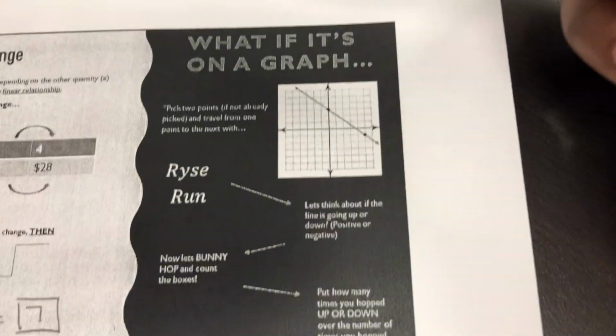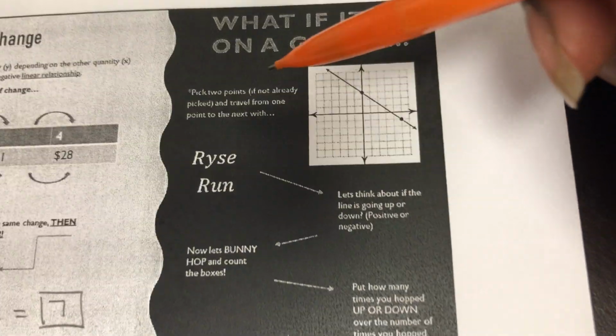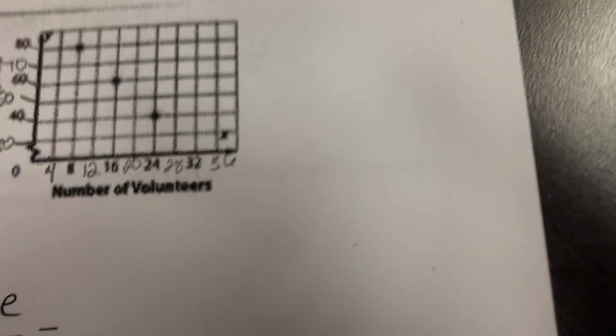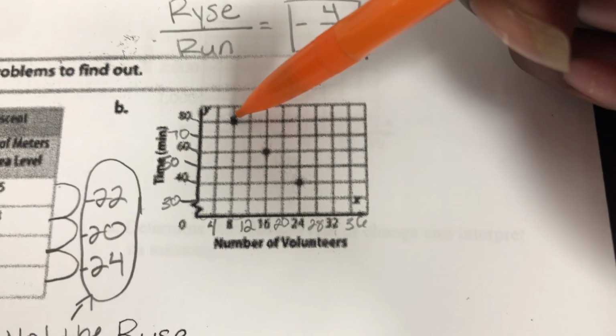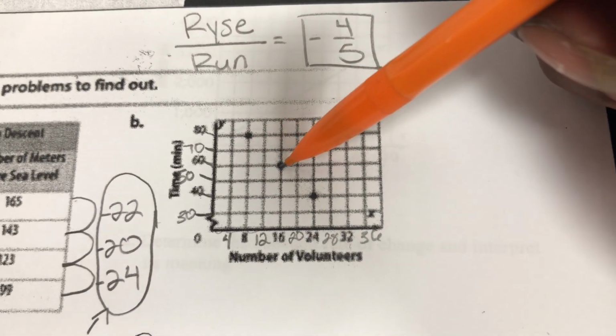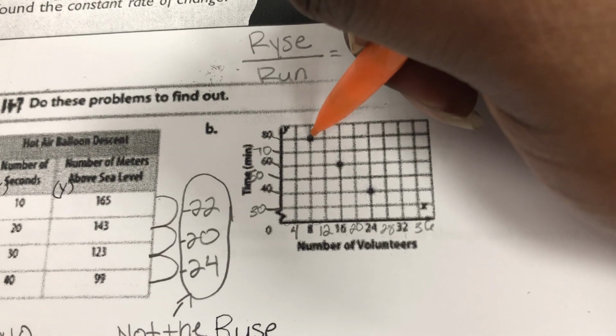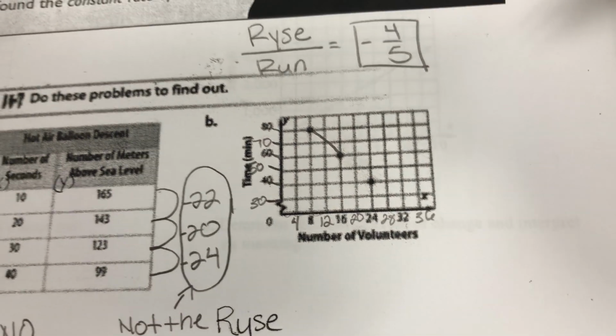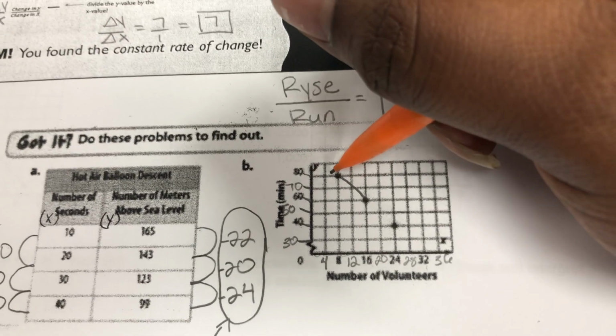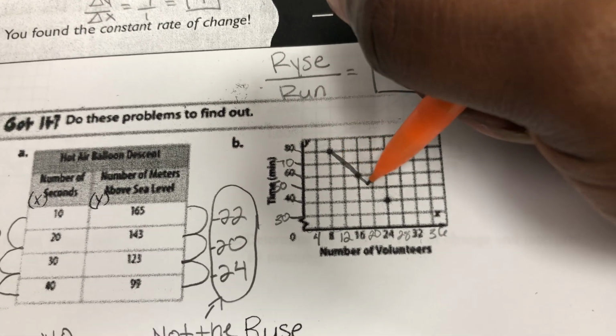So just like up here, they told you that all you have to do is just pick 2 points. Okay, so let's pick 2 points. I'm gonna pick this one right here up at the top and this one right here in the middle. All right, so if I'm trying to go from here to here, and why not, let's draw this whole line out.